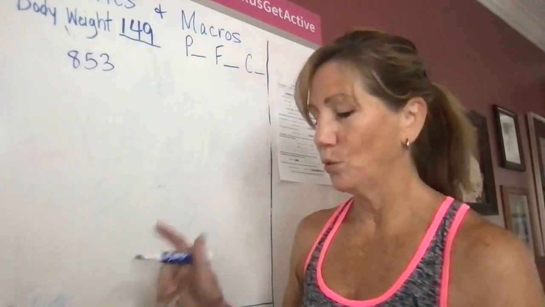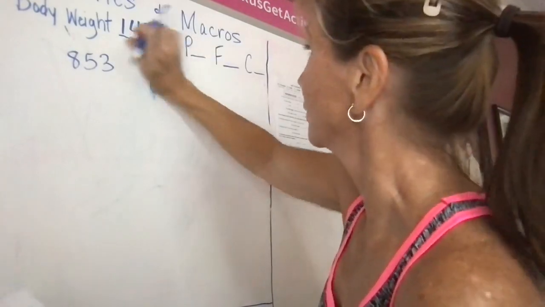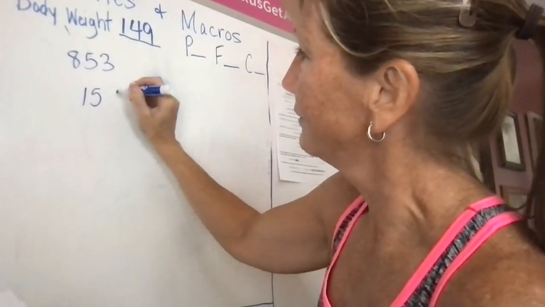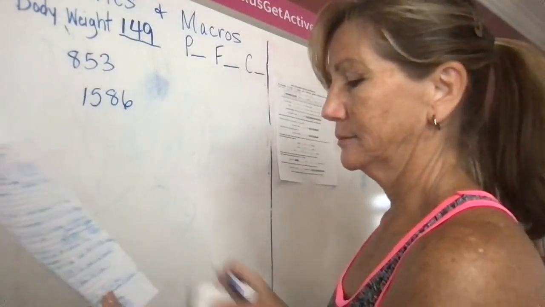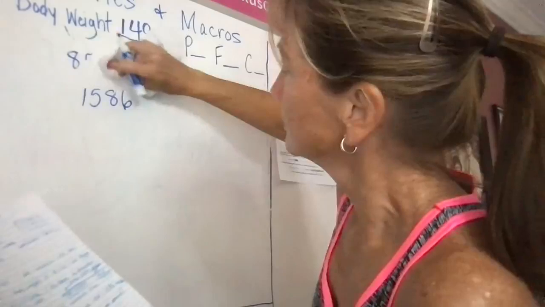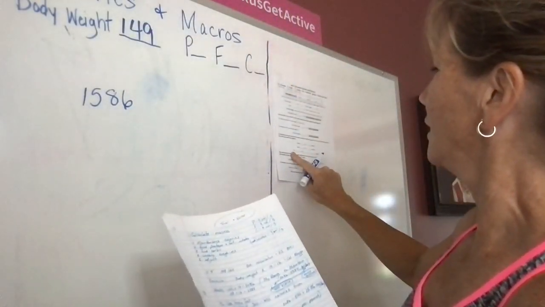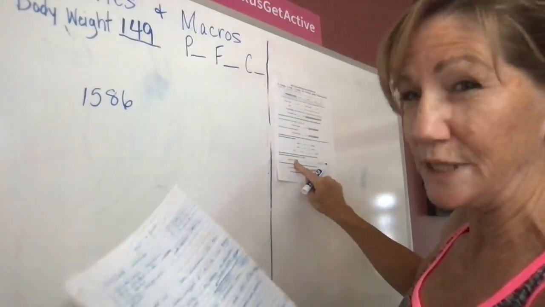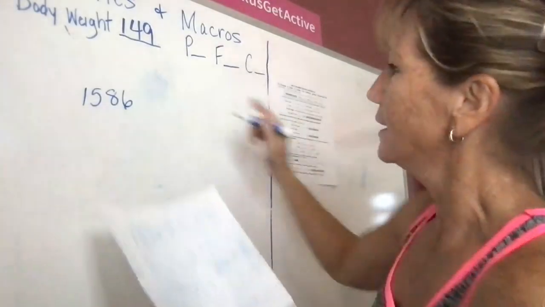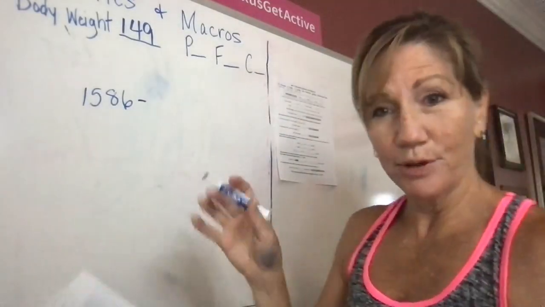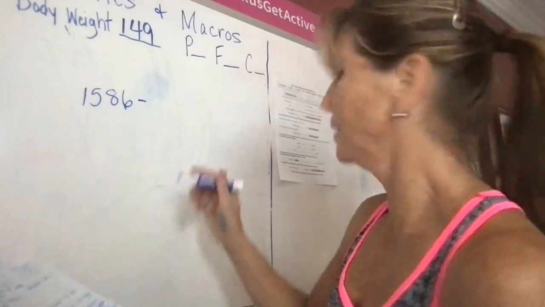So mine was 1,586. All right, so you'll fill that into the blank where it says your total calories per day is what you got when you subtracted your 300, 400, or 500, minus that number that we got by adding together proteins and fats, and mine was 853.